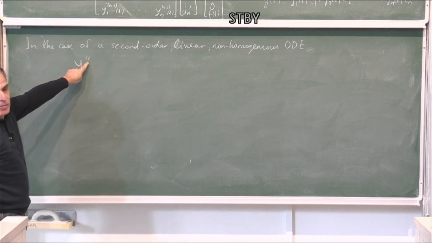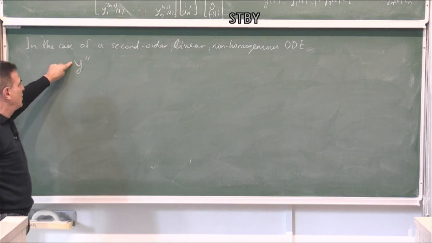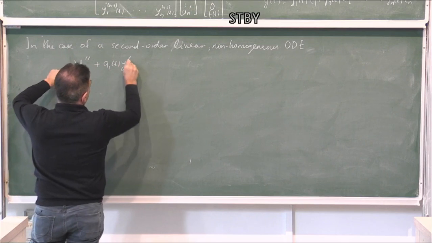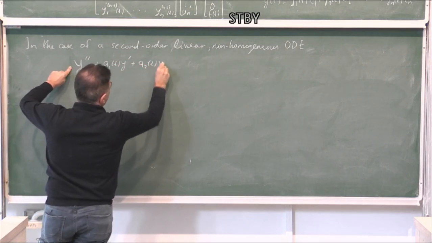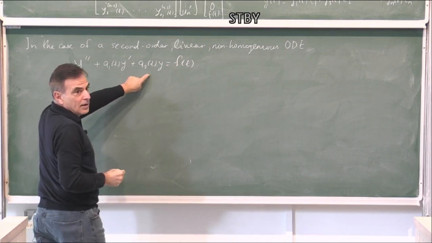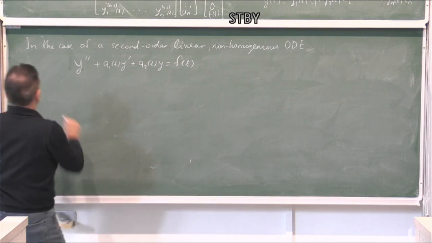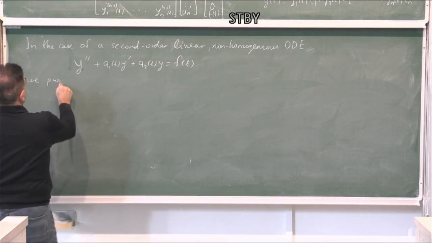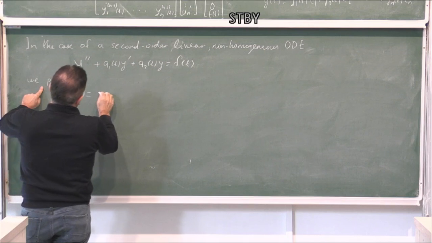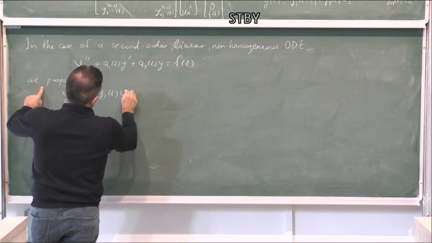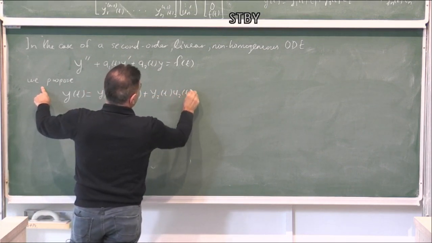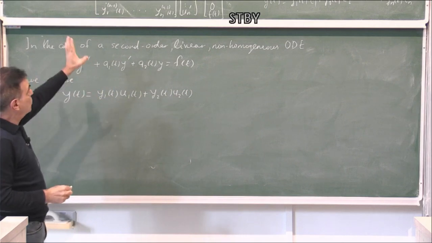So the highest derivative term, in this case the second order term, should have unit coefficient, plus a1 of t y prime plus a2 of t y is f of t. Okay? So we propose this solution, y1 of t u1 of t plus y2 of t u2 of t. So the combination of two solutions.